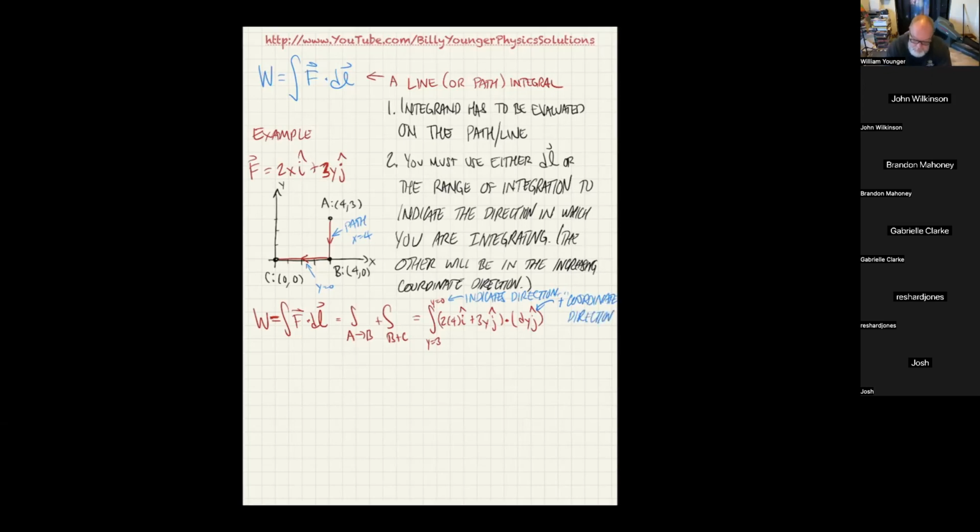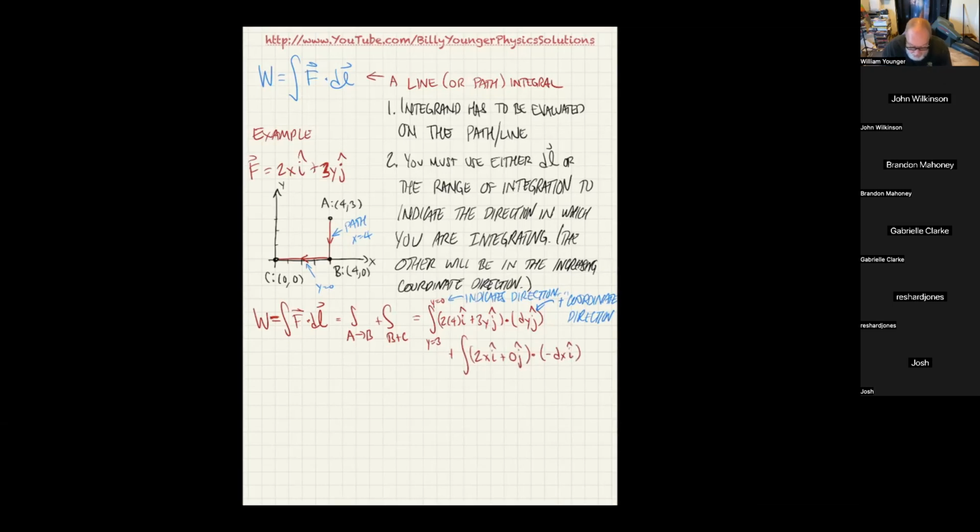Okay. And then I have to do the other integral, which is plus the integral of, now in this case, the y is actually 0 and the x is going to range. So I'm going to say 2x i hat plus 0 j hat. Now this one, I will use the dl to indicate the direction. So I'm going to say negative dx i hat.